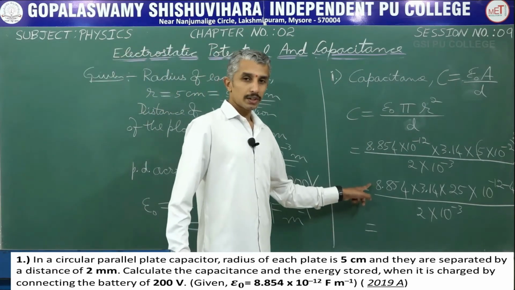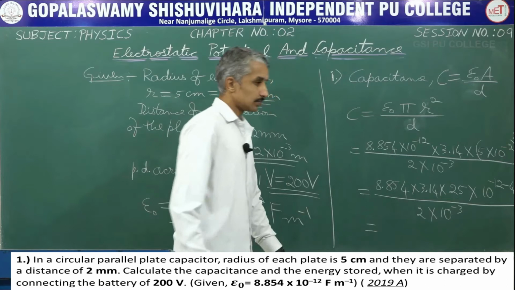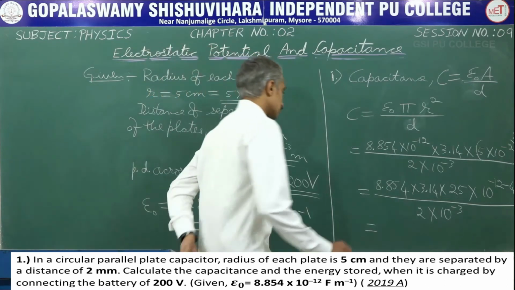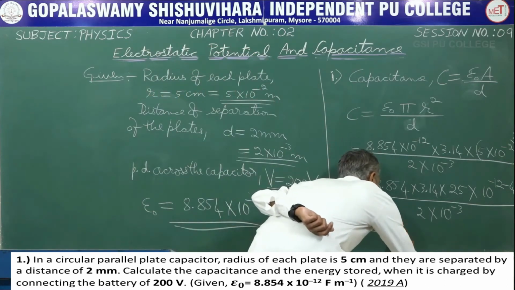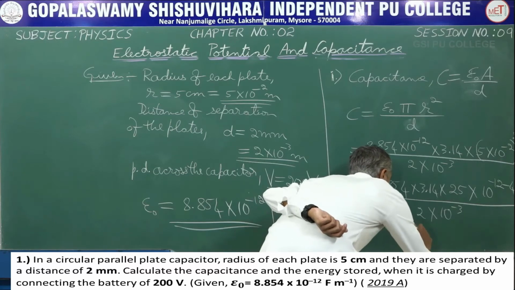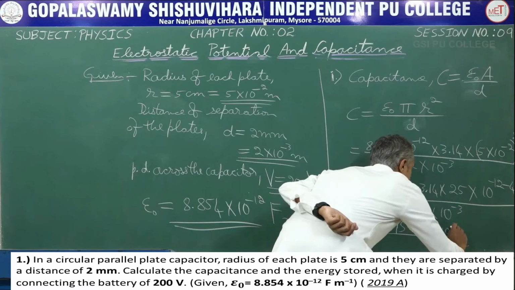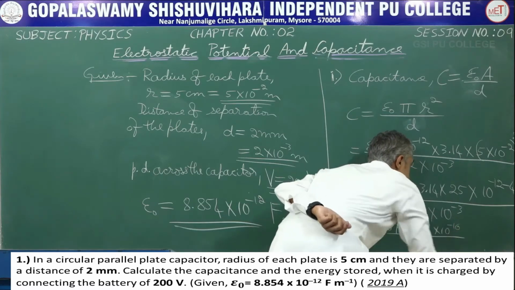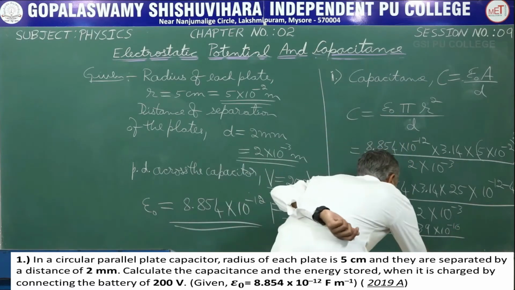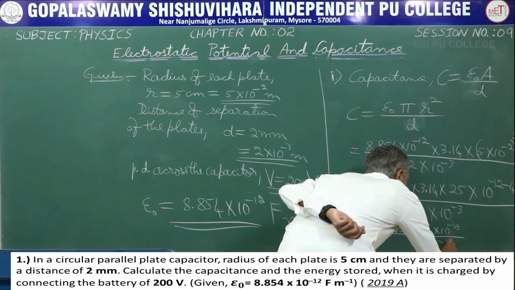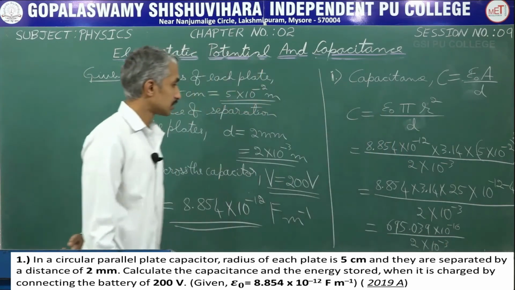On solving the numerator, I will get it as 695.039 into 10 to the power of minus 16 divided by 2 into 10 to the power of minus 3.